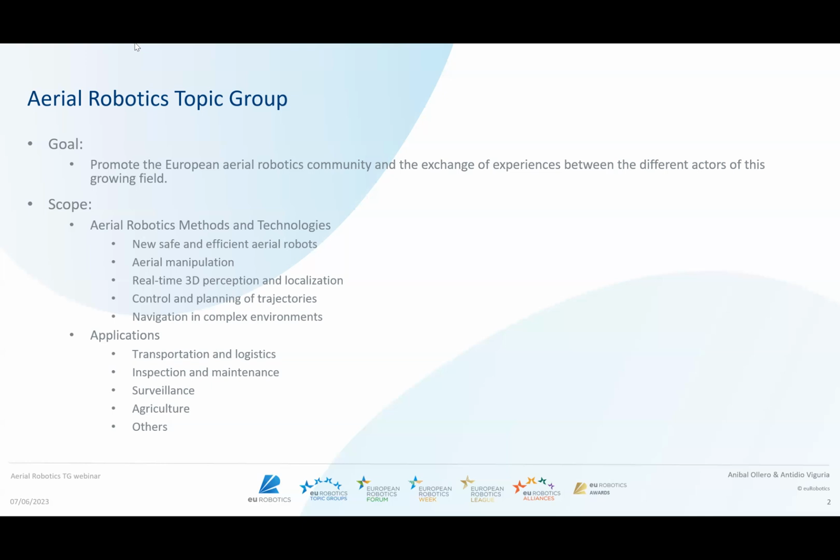Applications, okay, here you can have a long list, but typically in the topic group we have transportation and logistics, inspection and maintenance, very hot topics, but also surveillance and agriculture, which is always relevant, and also others. Others means a variety of new applications, including indoor applications, manufacturing applications, a long list.